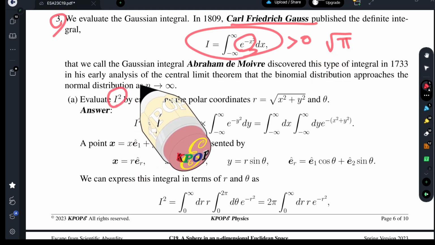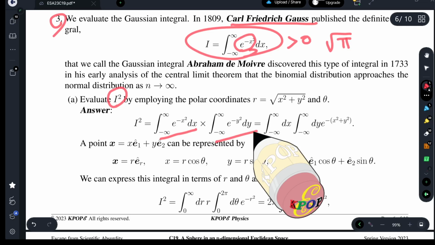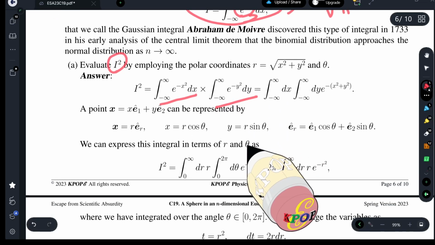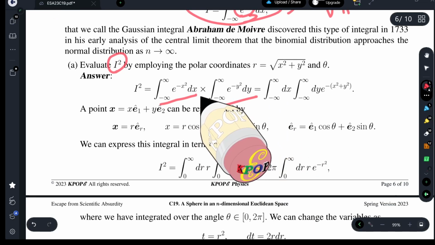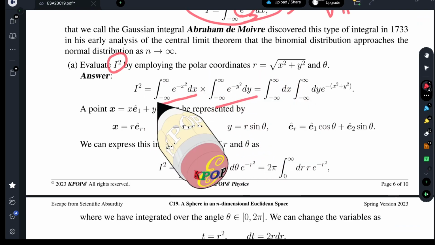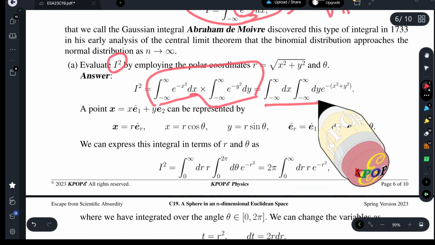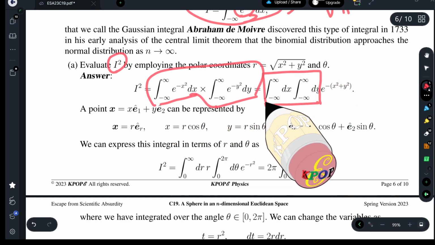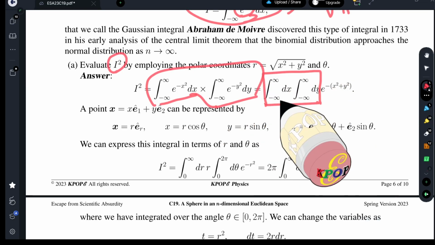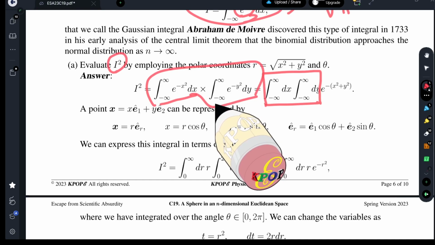We square this integral, then this integral can be parameterized in this manner. We find that this integral can be constructed as a double integral over a two-dimensional Euclidean space. And this is a representation expressed in the Cartesian coordinate system.